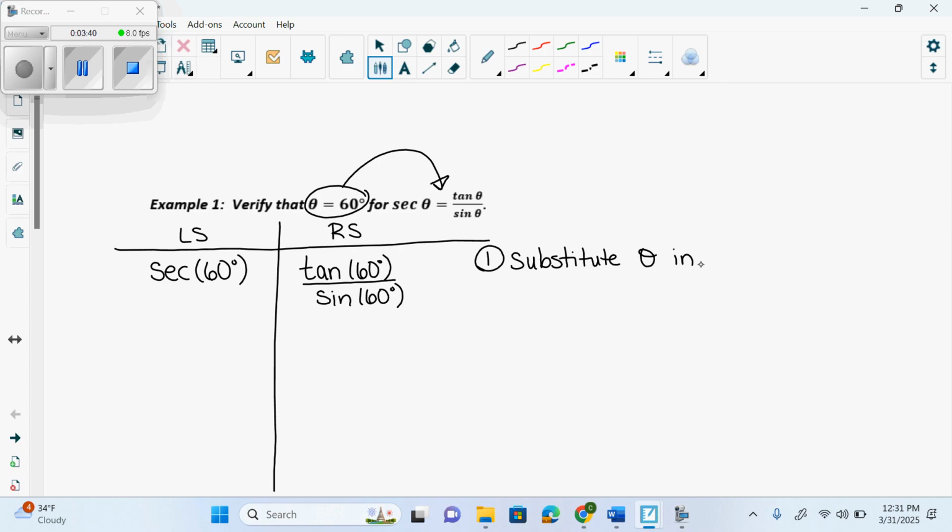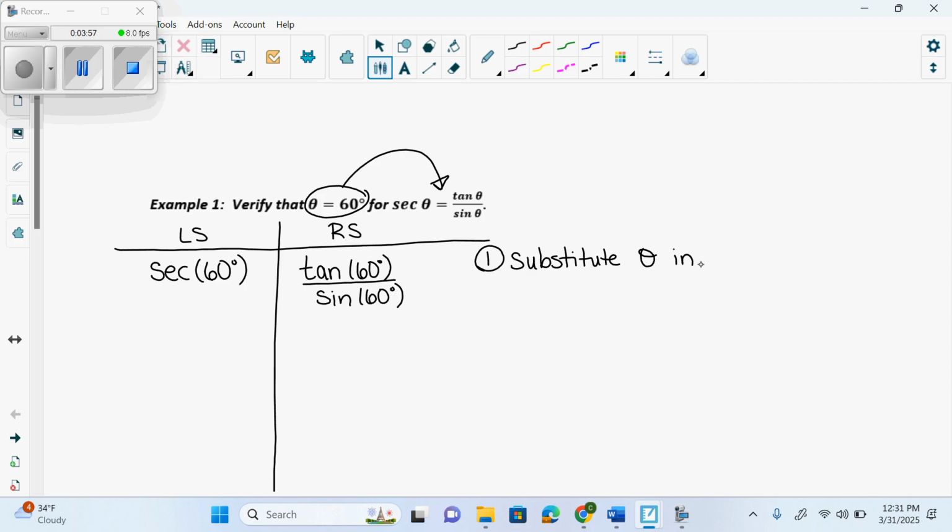Everyone's paying attention? First step is to substitute theta in. That is the absolute first step. People get verifying wrong on the diploma and on the unit test all the time because they don't follow the proper steps. So first step is substitute theta in.